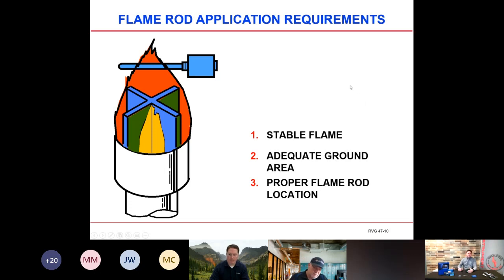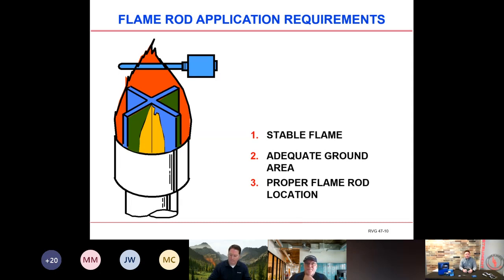The other thing is proper flame rod location. Typically you're going to want the flame rod intersecting at the bottom of the flame, coming up through the pilot and the main flame, or coming into the side of the flame.